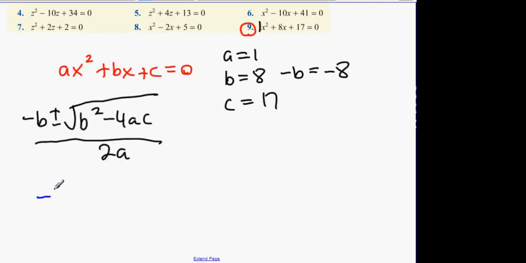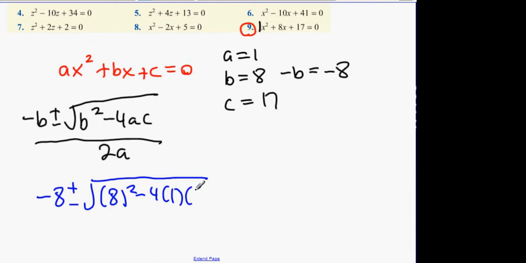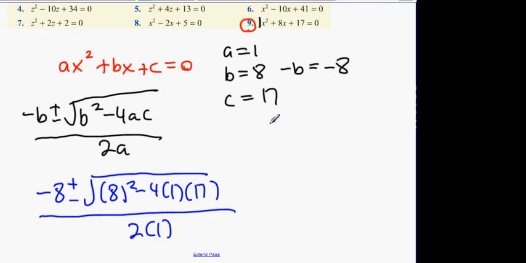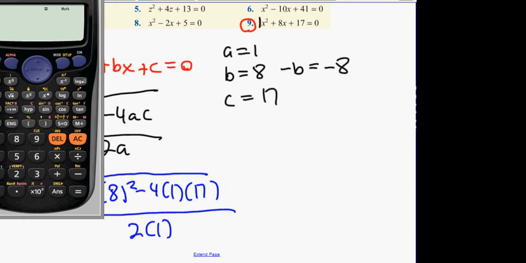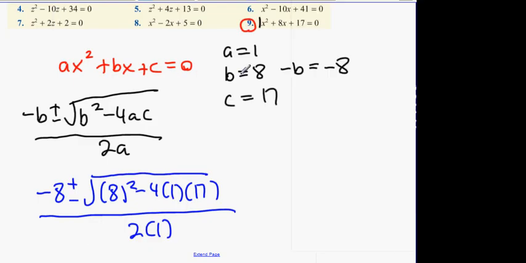Now, minus b is minus 8, plus or minus the square root of b squared, which is 8 squared, minus 4 times 1 times 17, all over 2 times 1. Now, what I would have taught you to do the first time, previously, was I would have highlighted around this area here, and said, just do this part first.